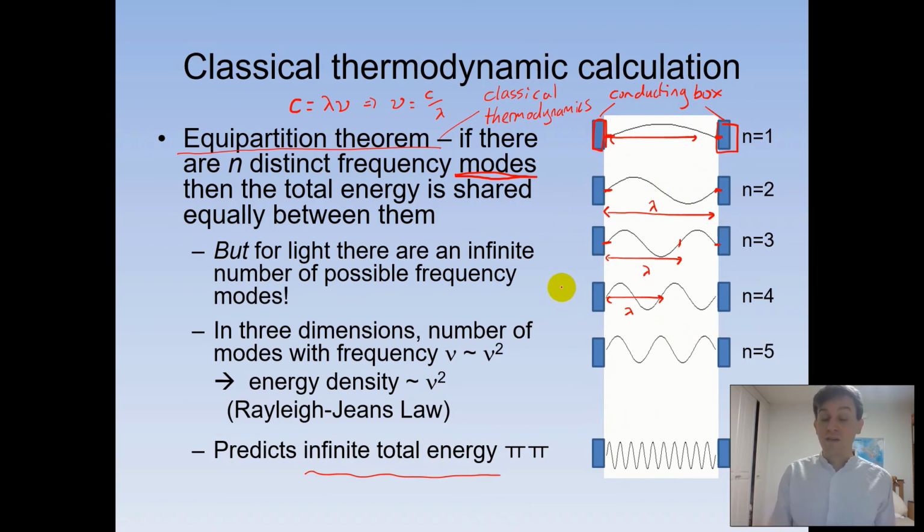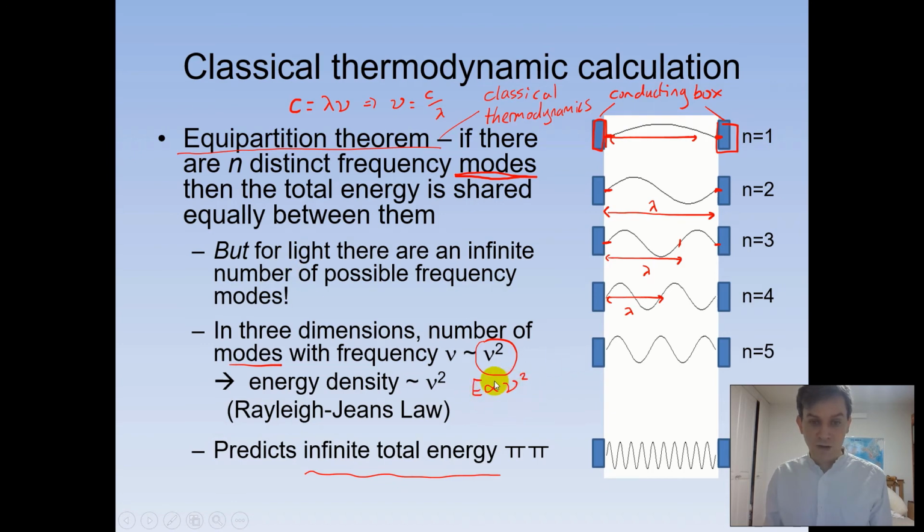The pictures here are one-dimensional. If you do the same thing in 3 dimensions, like we actually live in, then what you find is that the number of modes as a function of frequency is proportional to frequency squared, and this means that you will get an energy density proportional to frequency squared. This is known as the Rayleigh-Jeans law, named after the people who derived it.